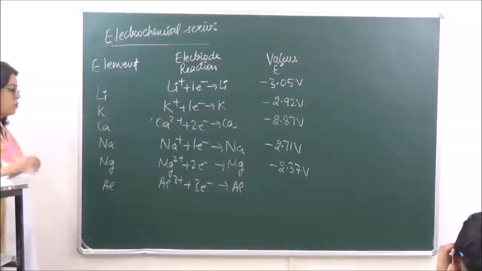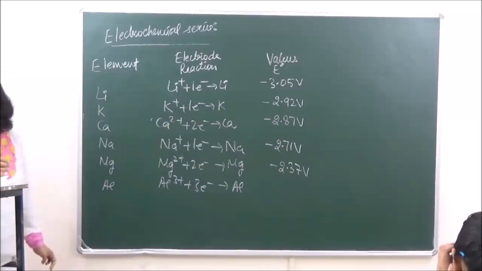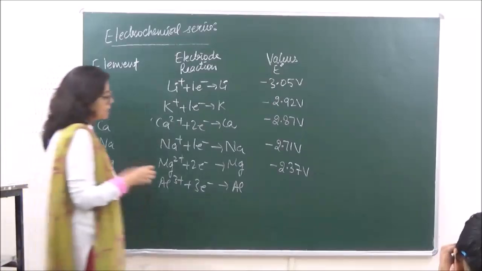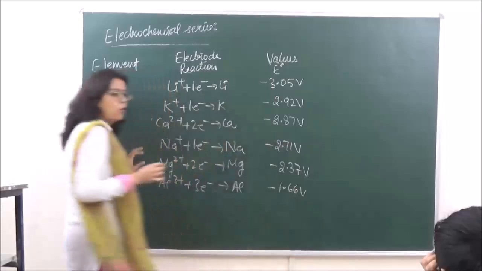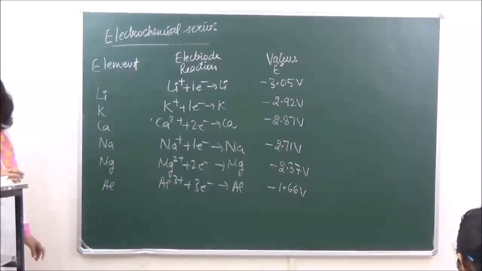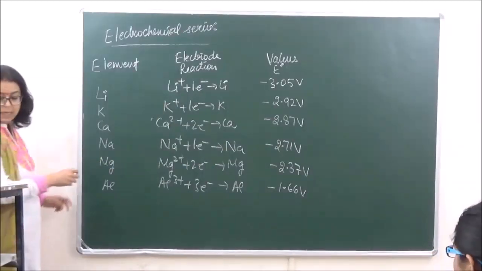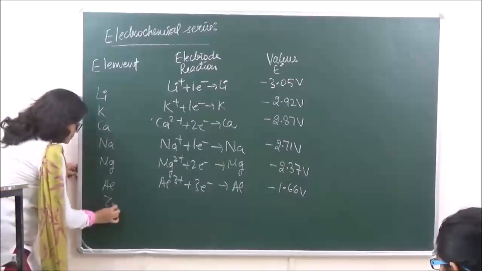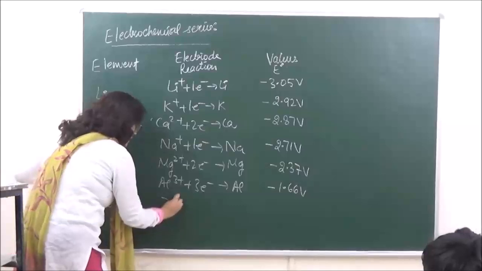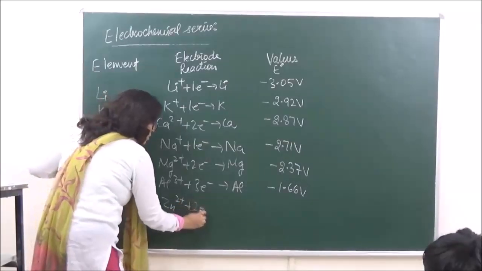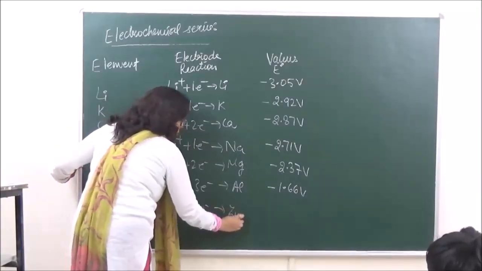Then after magnesium is aluminium: Al3+ plus 3 electrons to give us aluminium, and the value is minus 1.66 volts. Then after aluminium comes zinc, and the reaction is Zn2+ plus 2 electrons to give us zinc.